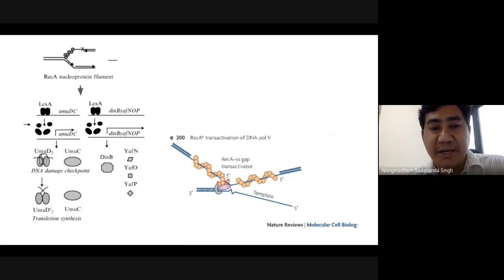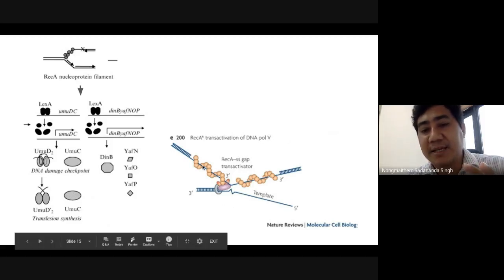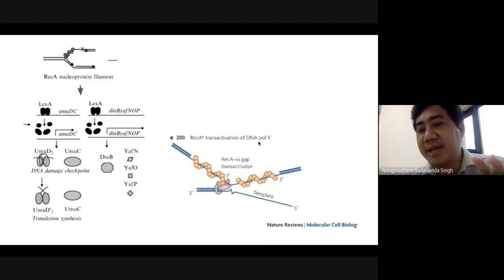It can be mRNA cleavage, or translesion synthesis. How it is done, the translesion synthesis from the UmuDC, which is called the DNA polymerase 5, is that the single-stranded filament activates the polymerase activity of DNA polymerase 5 and allows synthesis across the DNA damage portion, or DNA lesions.